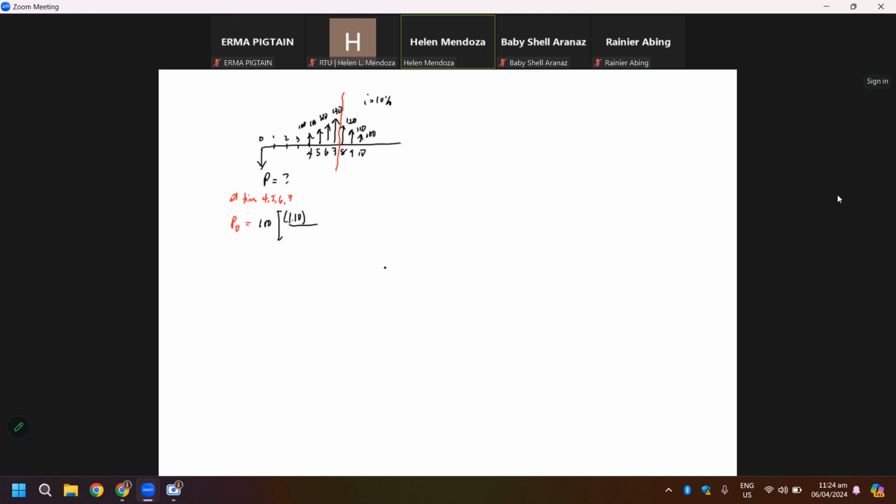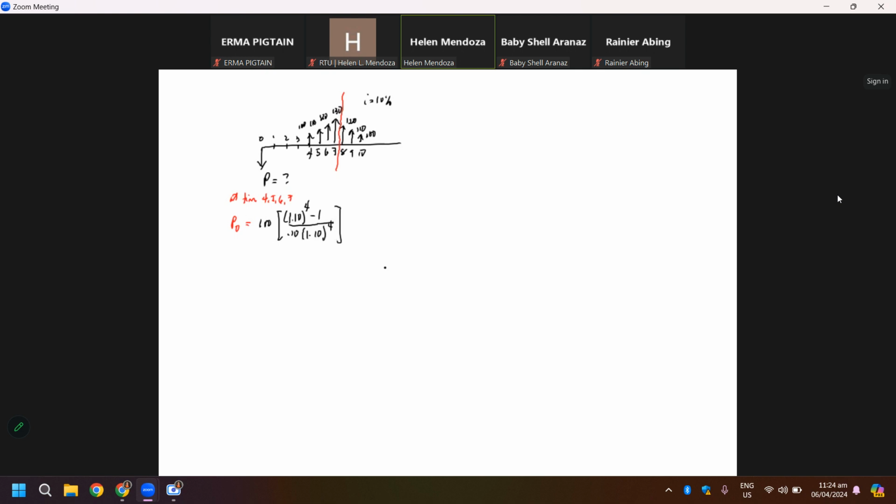So we have from 4, 5, 6, 7, we are taking the annuity value that is considering only the base value 100 at time 4. So we have 4, so 1.1 raised to 4 minus 1. So that is the base.